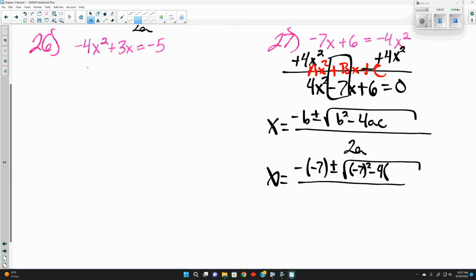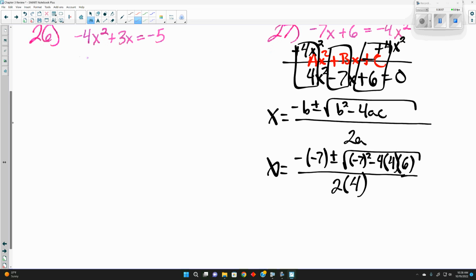A in our case is 4. So negative 4 times 4 times c, and c is positive 6, all over 2 times a, which is 2 times 4. With the quadratic formula, I'm just typing it in. I'm plugging in the values for a, b, and c, and the signs that are in front of them will go with them.